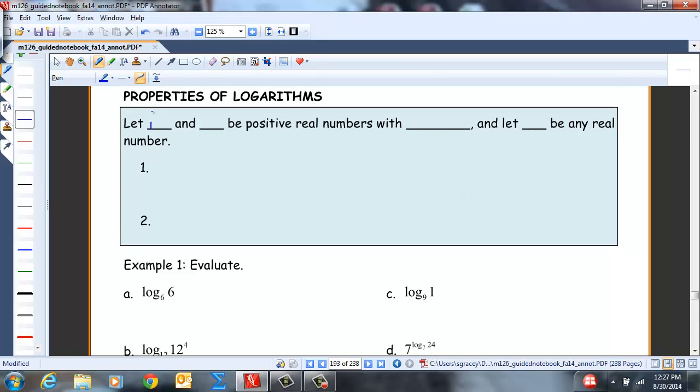So let's let m and a be positive real numbers with a not equal to 1. And let's let r be any real number. So first property here, if you evaluate an exponential expression base a at a logarithm of the same base, you get what's inside the log because you're evaluating a function at its inverse.